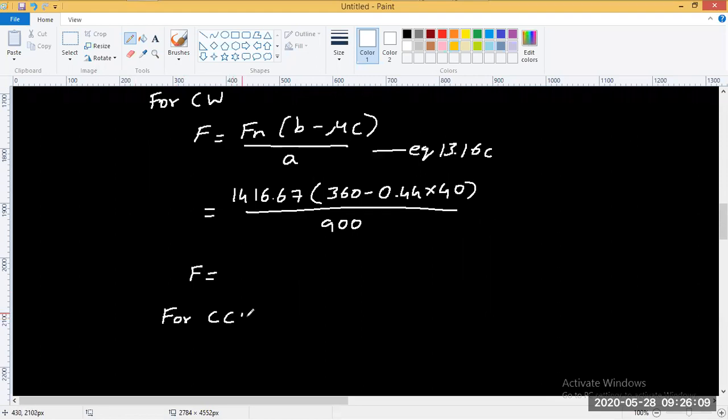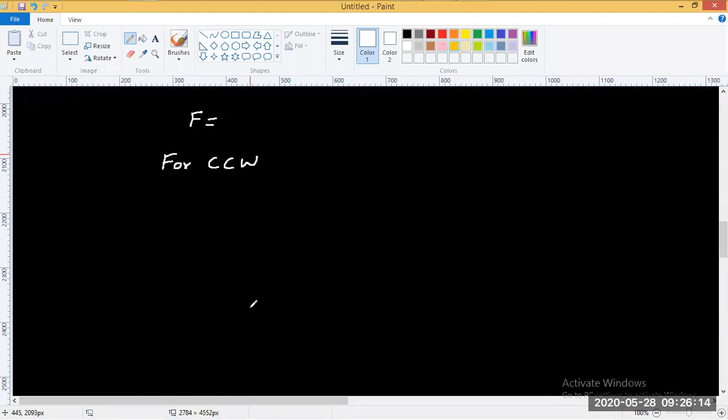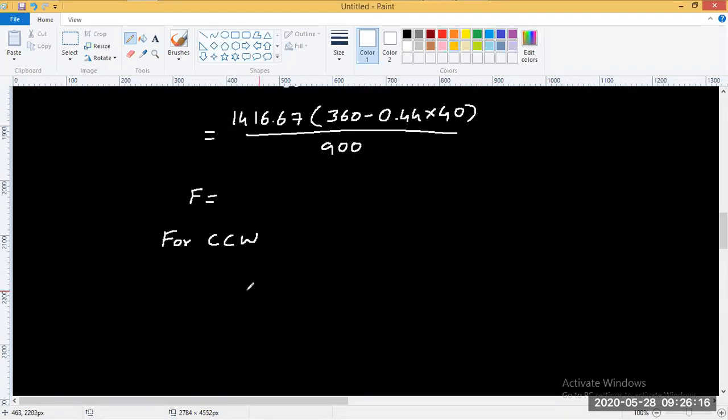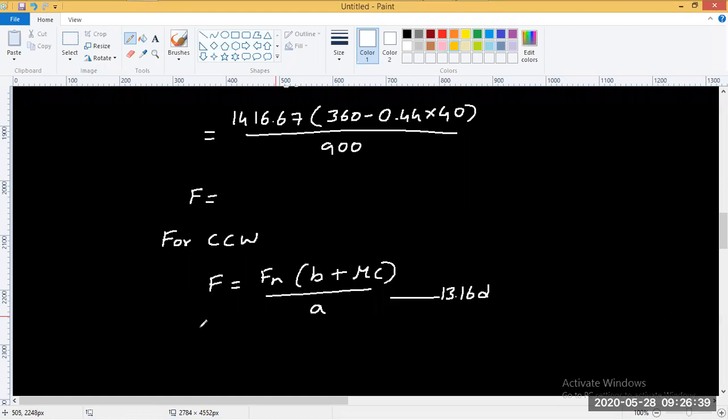For counterclockwise, the equation goes like this. F equals Fn into B plus mu C over A. This is also given in equation 13.16 D. The sign is different, nothing else changes.